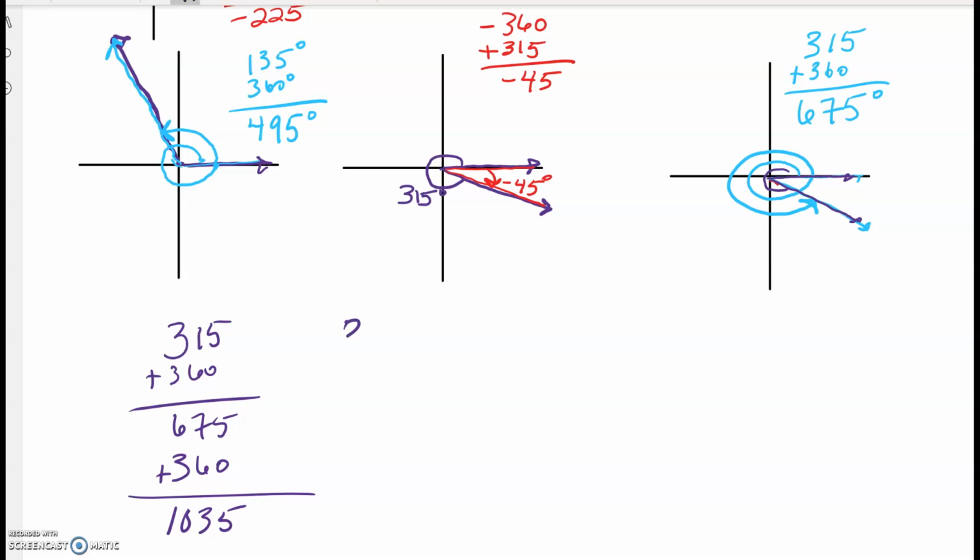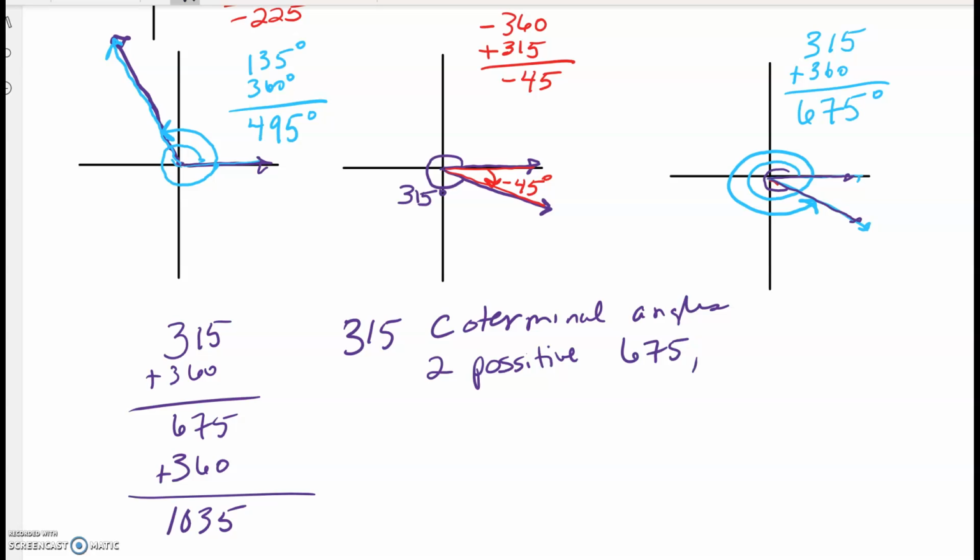Coterminal angles. Two positive would be 675, 1,035.